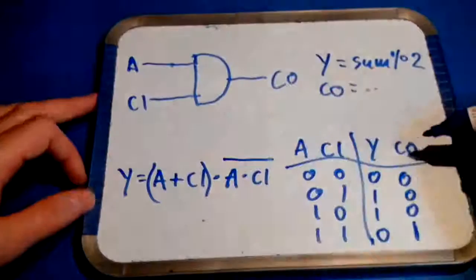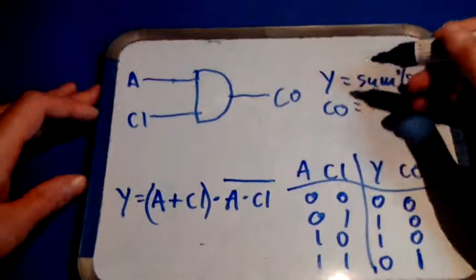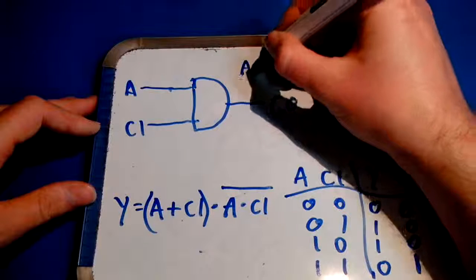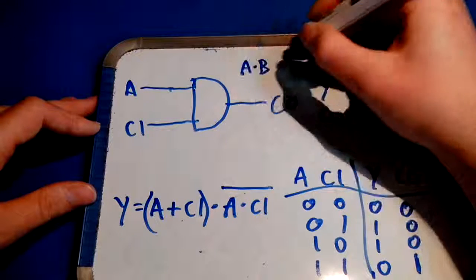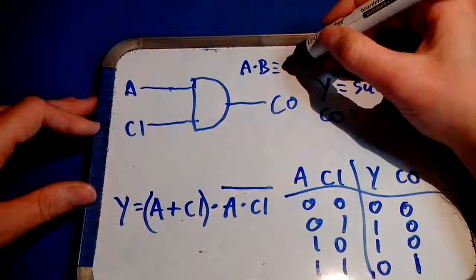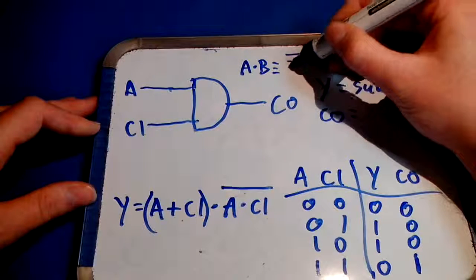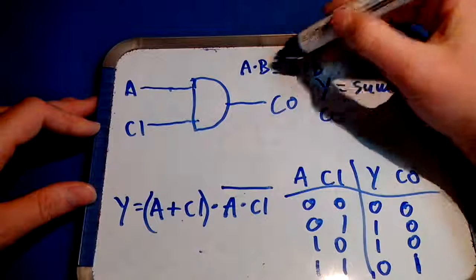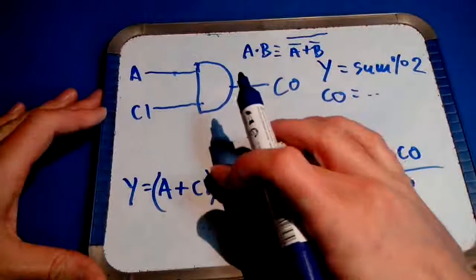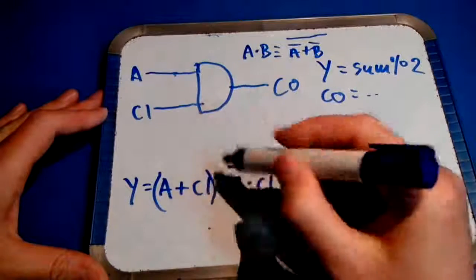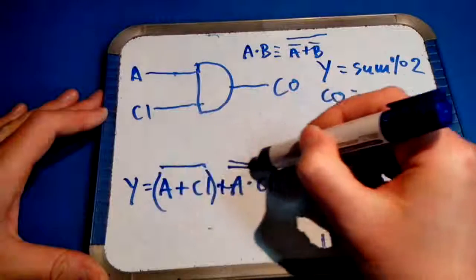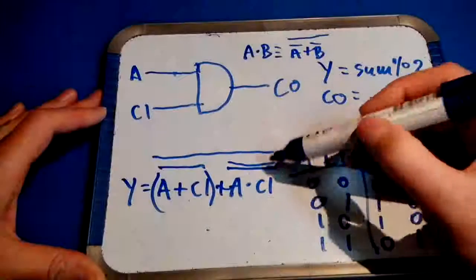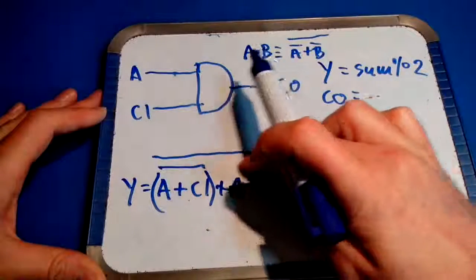Now, one rule of Boolean logic is that A and B are both true if it is not the case that either A or B is false, right? So you can transform this into this. Negate each term and negate the complete term. So not and not cancels, so we can remove that.